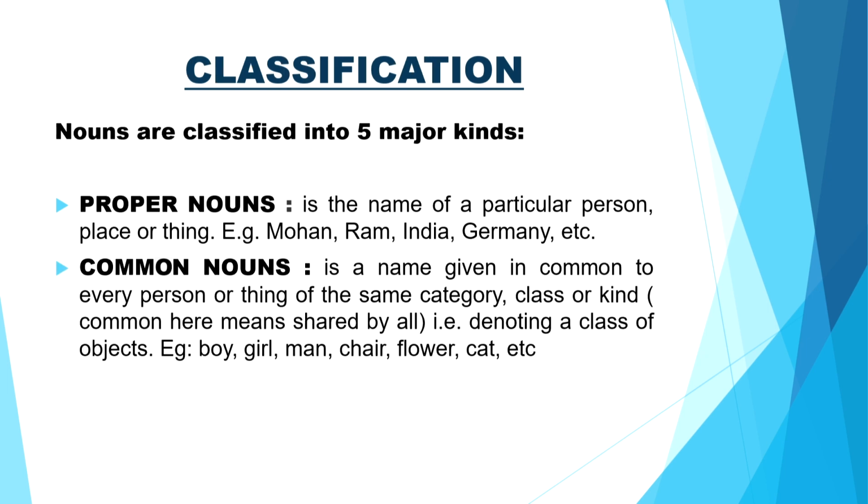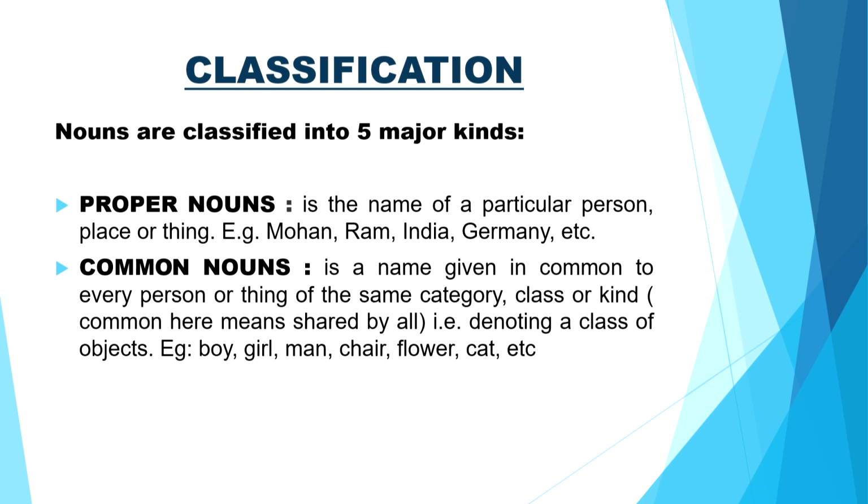Now, nouns can be classified into 5 major kinds. First, proper nouns. A proper noun is the name of a particular person, place or thing. For example, Mohan, Ram, India, Germany, Italy, etc. Next comes common nouns.